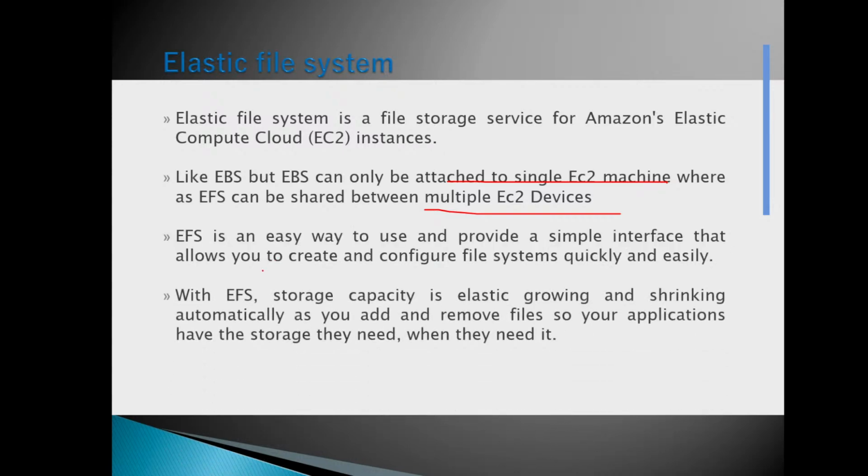EFS is easy to use and provides a simple interface that allows you to create and configure file systems quickly and easily. With EFS, storage capacity is elastic, growing and shrinking automatically as you add and remove files, so your application has the storage it needs when it is needed.